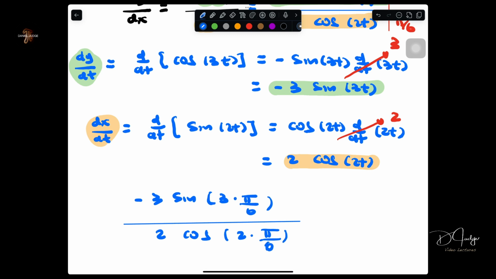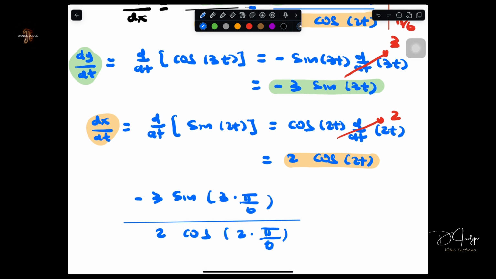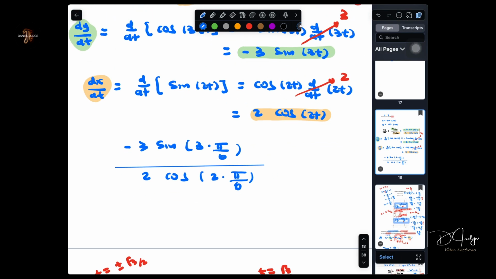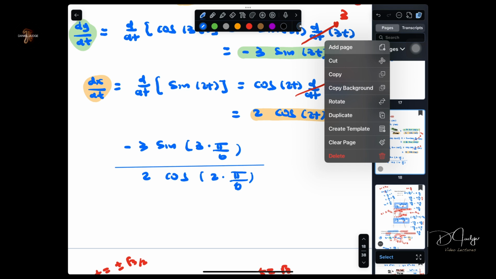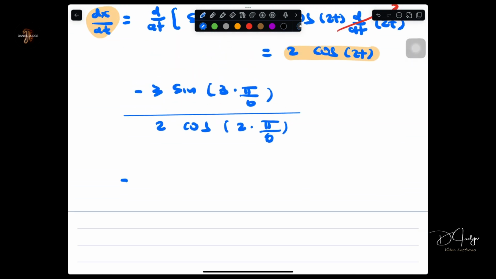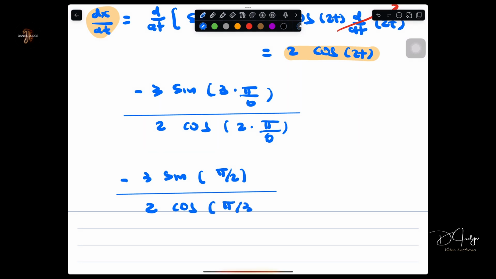We have to evaluate this here. So we get -3 sine pi over 2 over 2 cosine pi over 3.